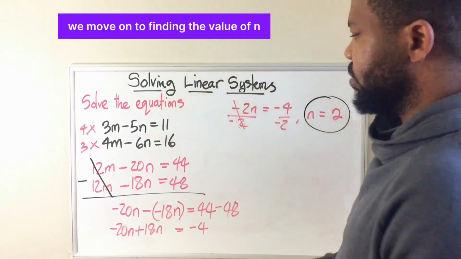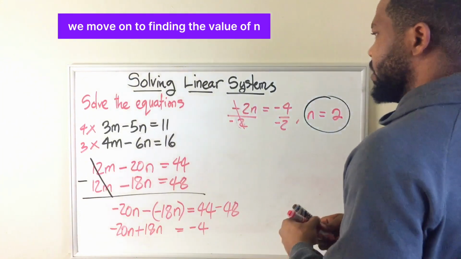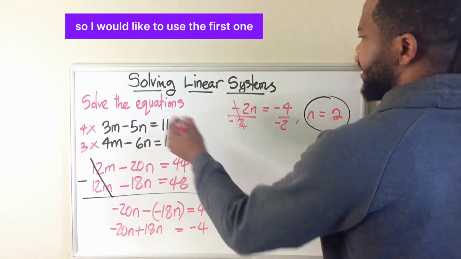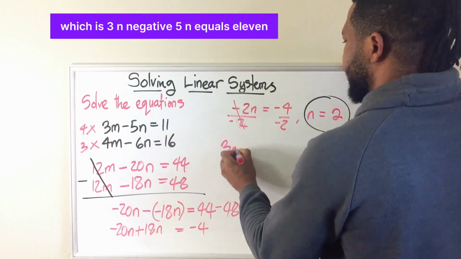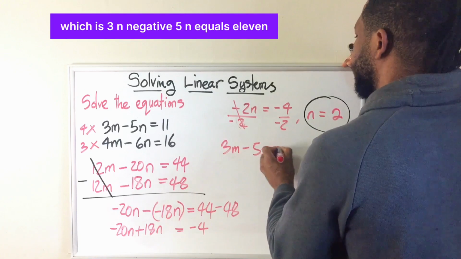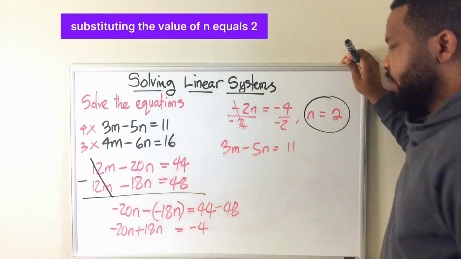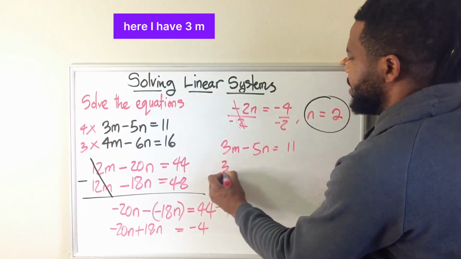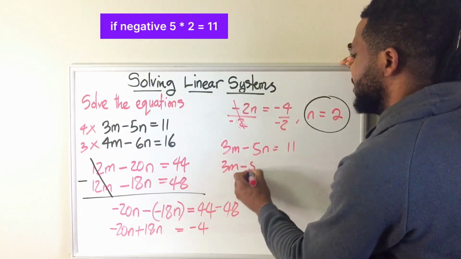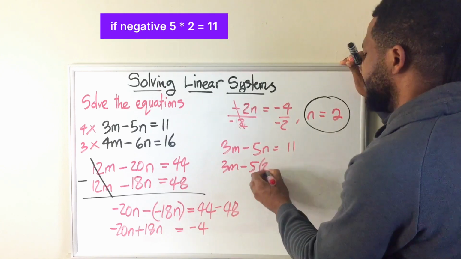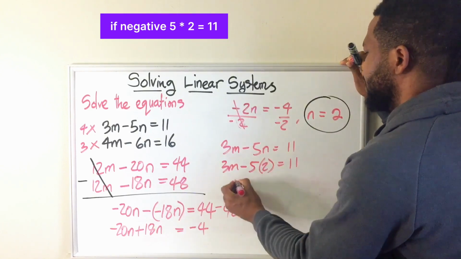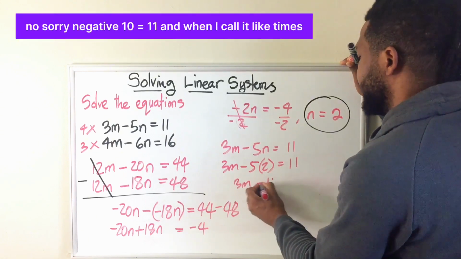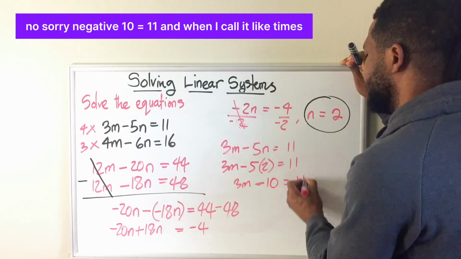We move on to finding the value of m. We can use any of these two equations. So I would like to use the first one, which is 3m minus 5n equals 11. Substituting the value of n equals 2, here I have 3m minus 5 times 2 equals 11. This is 3m minus 10 equals 11.